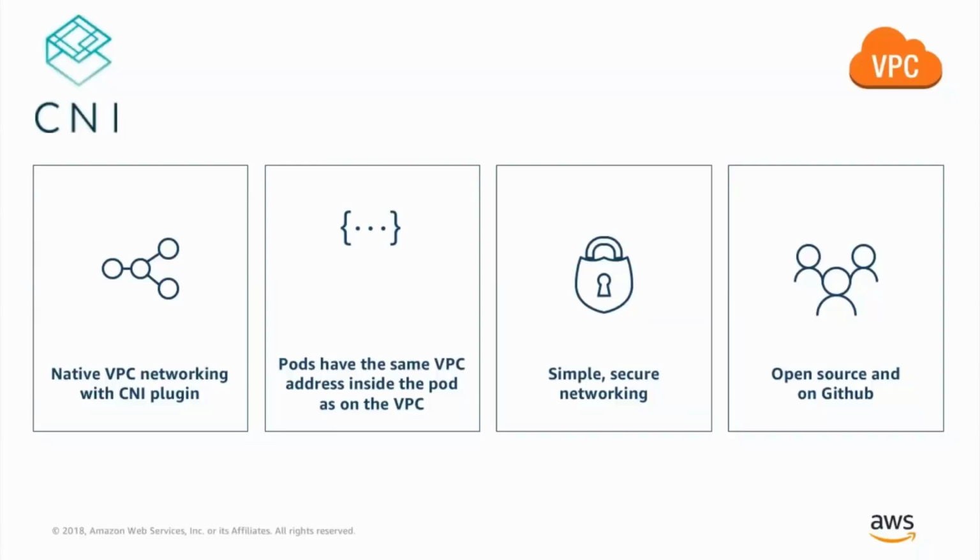By doing this, you also get the features that are available on VPC, such as VPC flow logs. If you want to troubleshoot using the VPC flow log feature, that's going to be available for Kubernetes pods as well. And if you want to control your routing policies using VPC routes, that capability is available for Kubernetes customers.